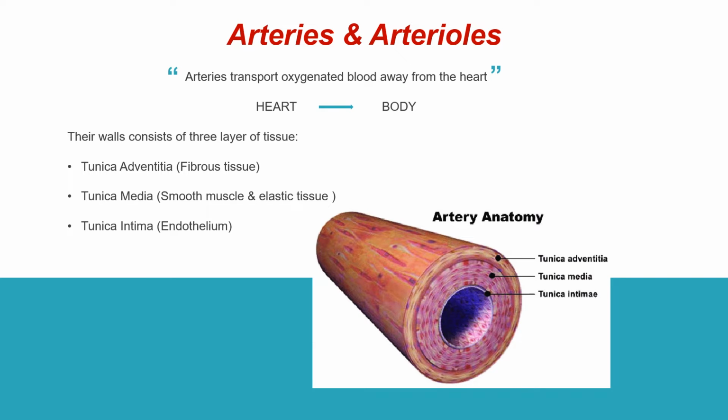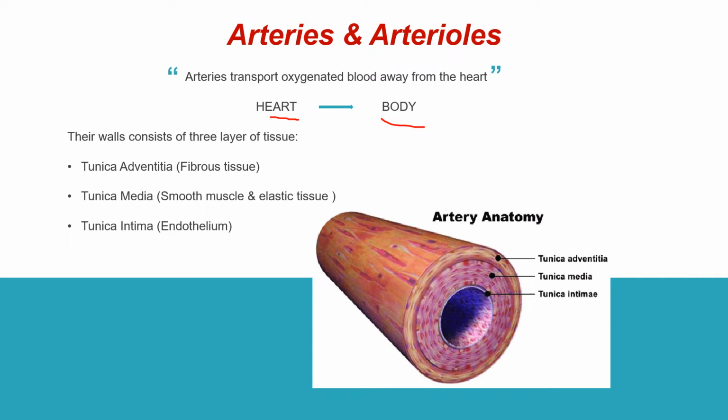Now come to the arteries and arterioles. Arteries and arterioles are the blood vessels that transport oxygenated blood away from the heart, that is from the heart to the body.